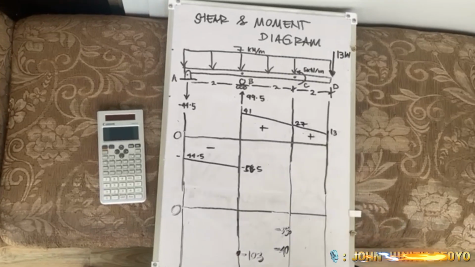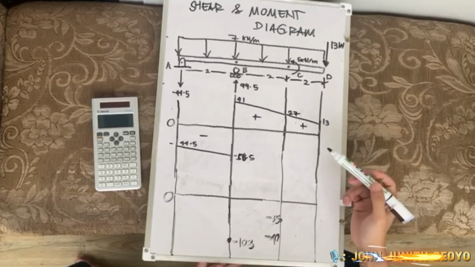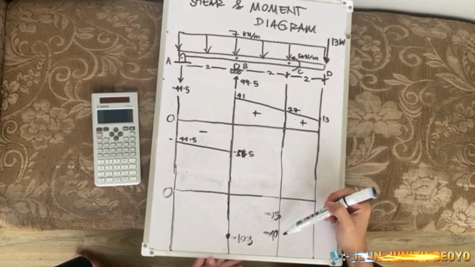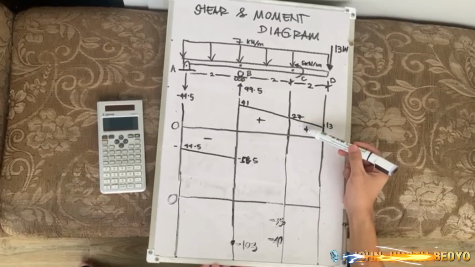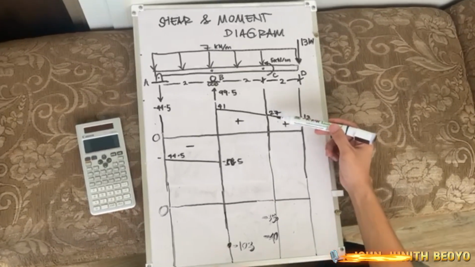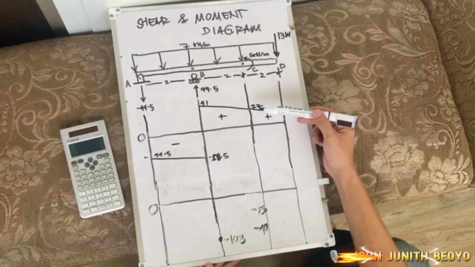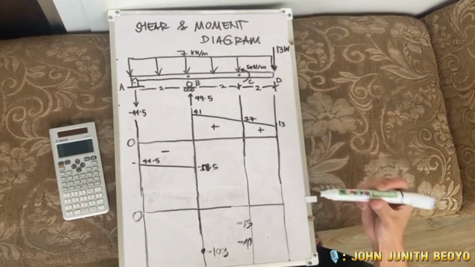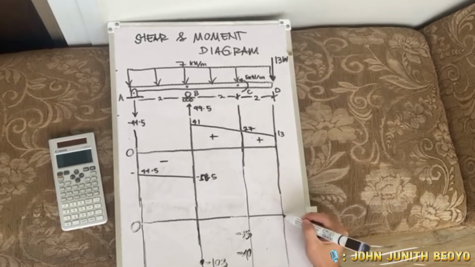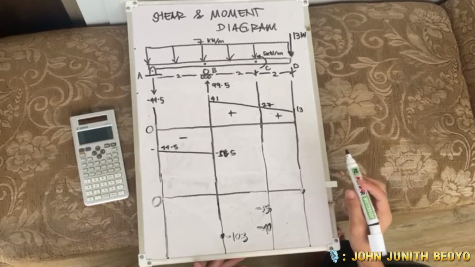Then again the same process: negative 40 moment plus one half base, 2, times heights 27 and 13, and the shear goes to 0 to close the diagram.